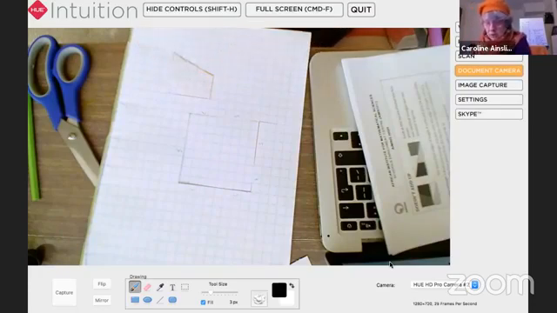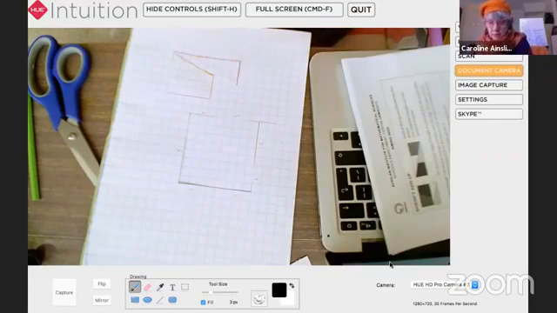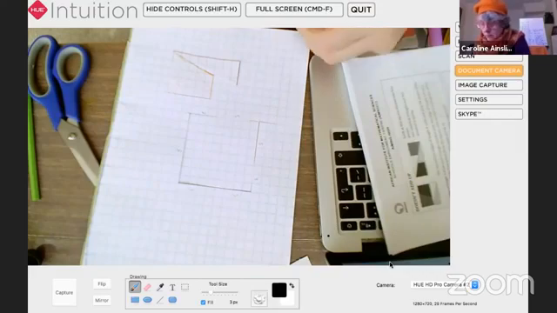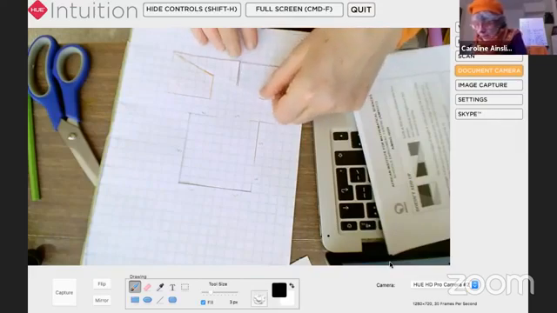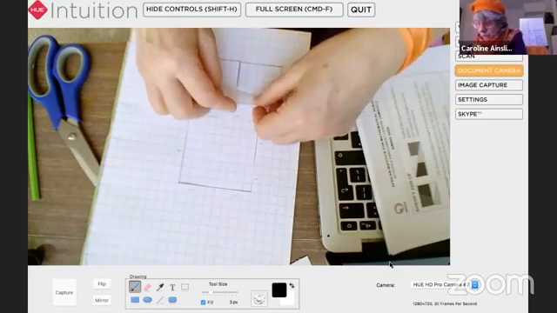Then we've got a triangle. Let's get the right one there, that one. We've got 8, 5 and 3 and 8. And then we've got another triangle.